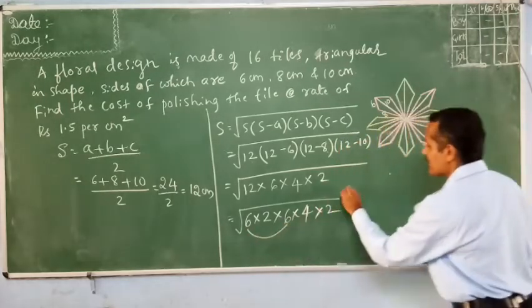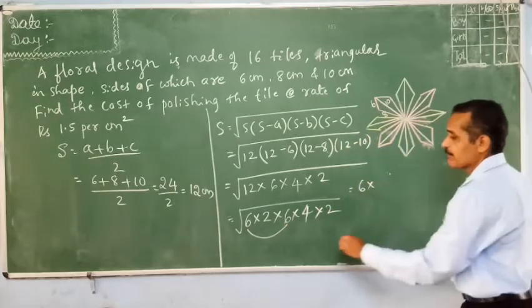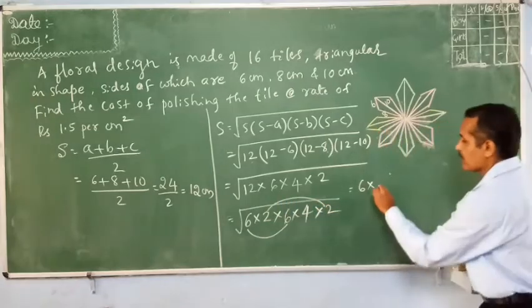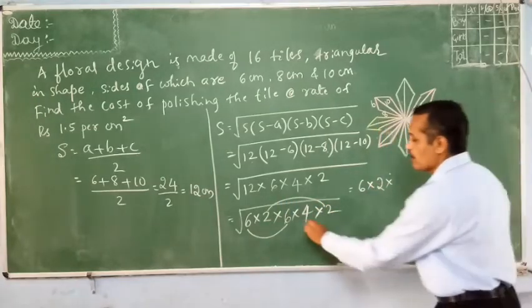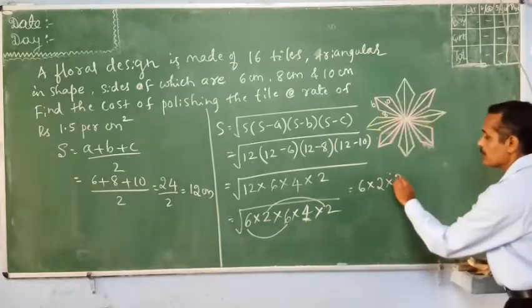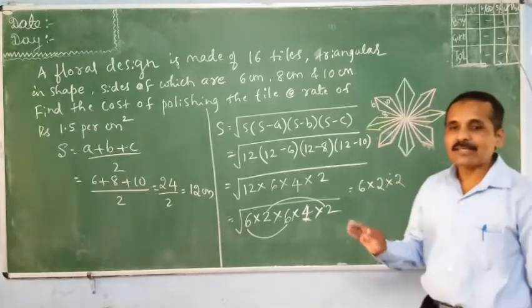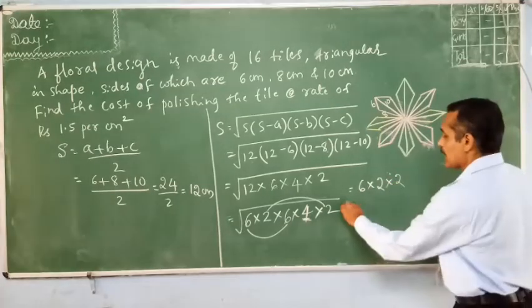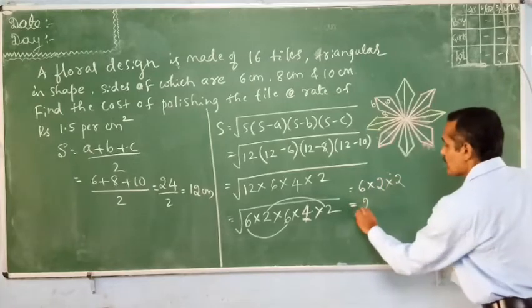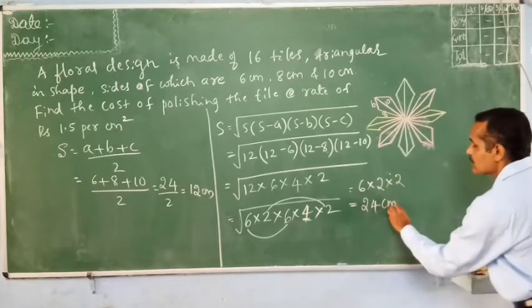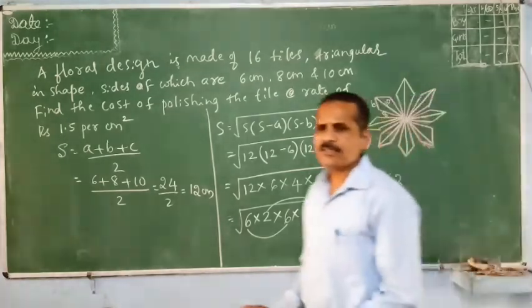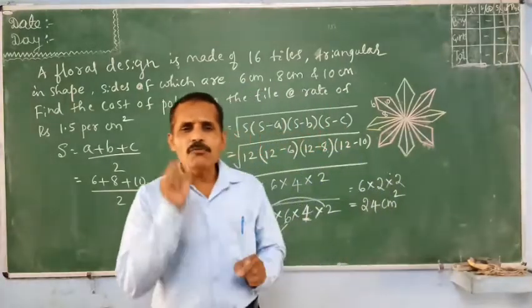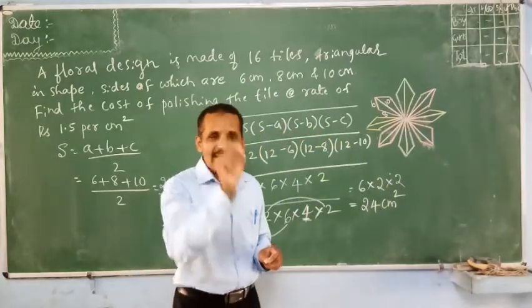These two 6's are there, so one 6 will come out. Two 2's are there, so one 2 will come out. 4 is a perfect square, 2 will come out. That means nothing is left inside the under root, and your answer is 12 twos are 24 centimeter square. What is this? This is the area of one triangular tile.